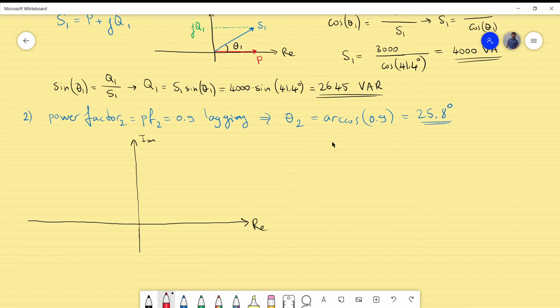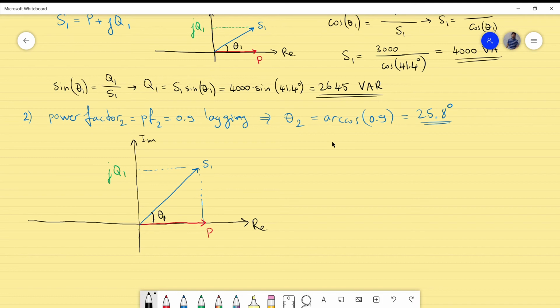You have the real power, which is dissipating 3000 watts, that's the P. You have an original apparent power, which is S1, and it has its own reactive power, which is Q1.